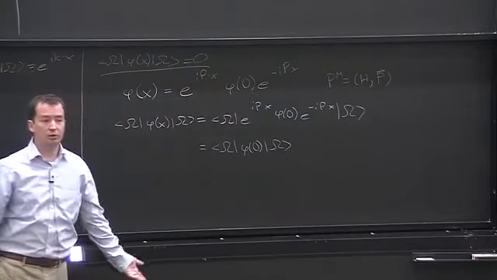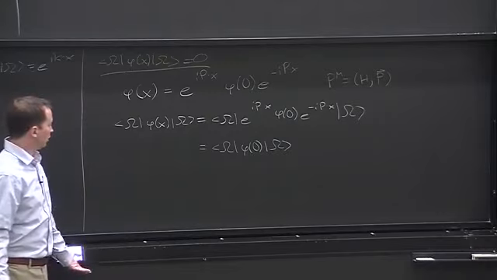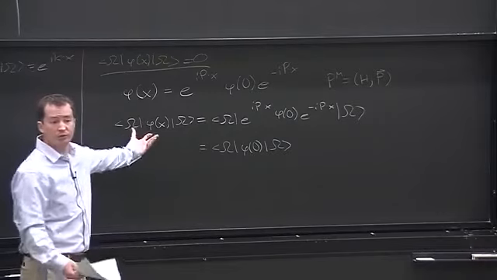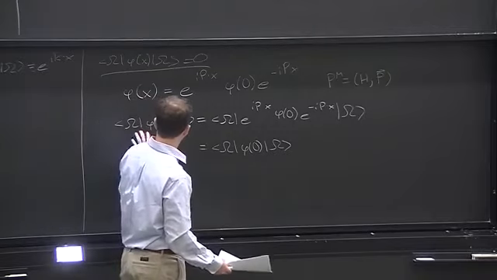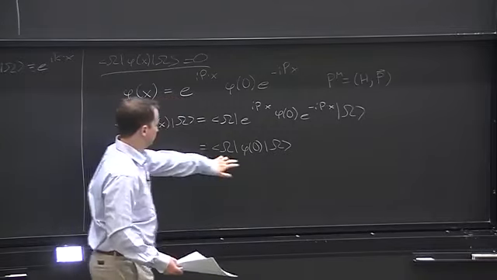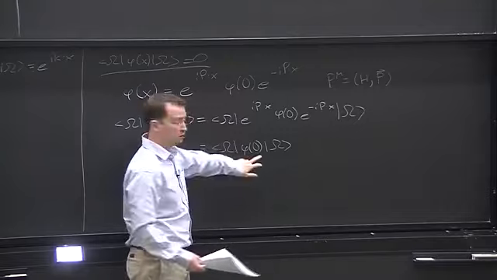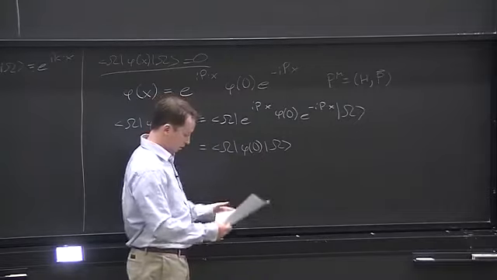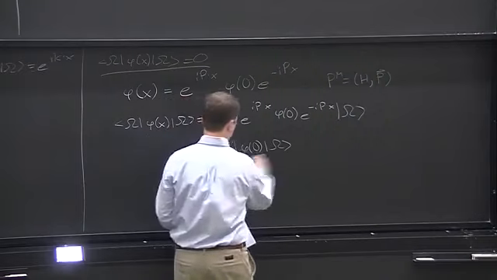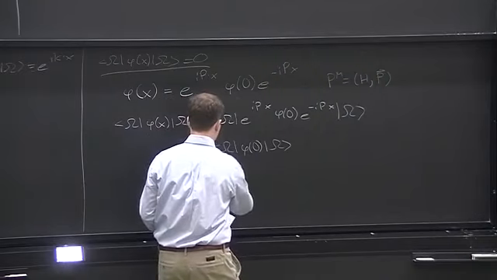And without making any other assumptions, there's not much else we can say about the vacuum expectation value of a field operator. We can basically say that it should be related to the value at 0. So this is just some Lorentz invariant number.